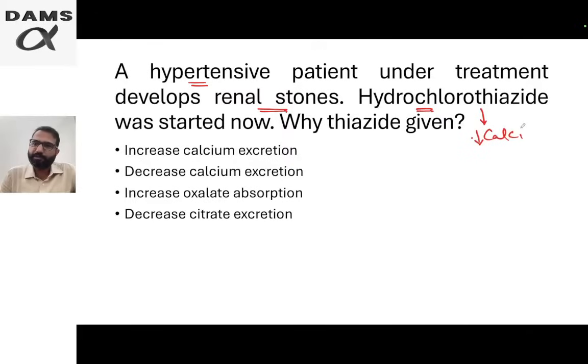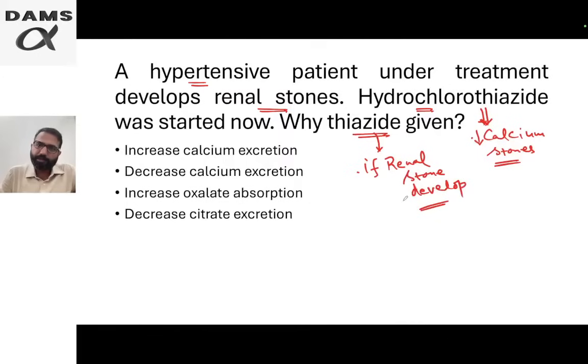First try to understand this question. Usually it decreases the calcium stones, but some patients develop renal stones. So if after thiazide renal stone develops, then what is the reason? I think this was the question. Am I right? What is the reason if the renal stone develops after thiazide?